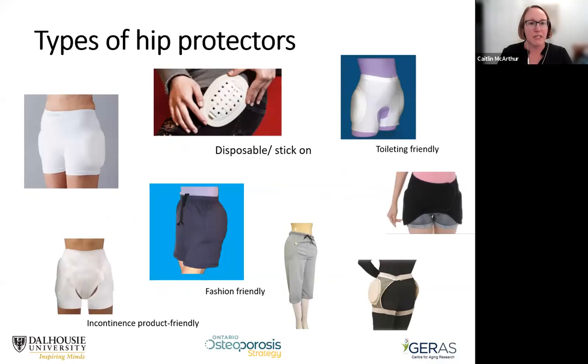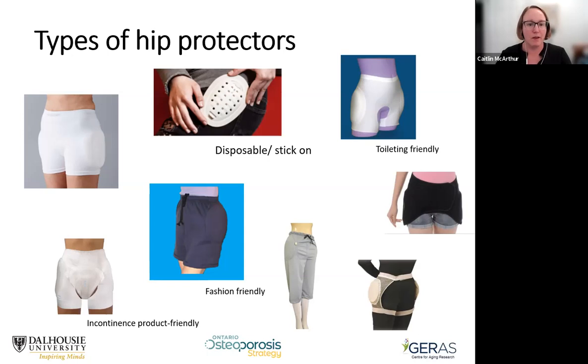So here are some different types of hip protectors. There's lots of different styles and different options out there. Most of them are some sort of undergarment that are worn under usual clothes, like underwear with hip protectors on the side. And then others are actual clothing.